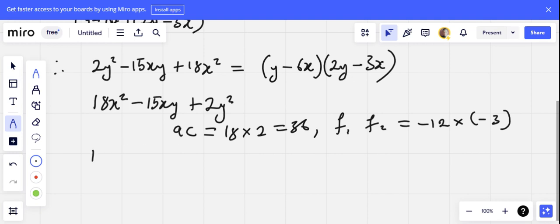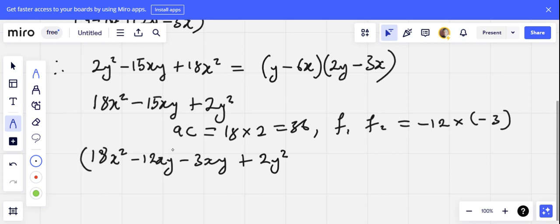So we substitute that: 18x squared, in place of minus 15xy you put minus 12xy, then minus 3xy, then plus 2y squared. We include brackets so that we can factor out what is common.